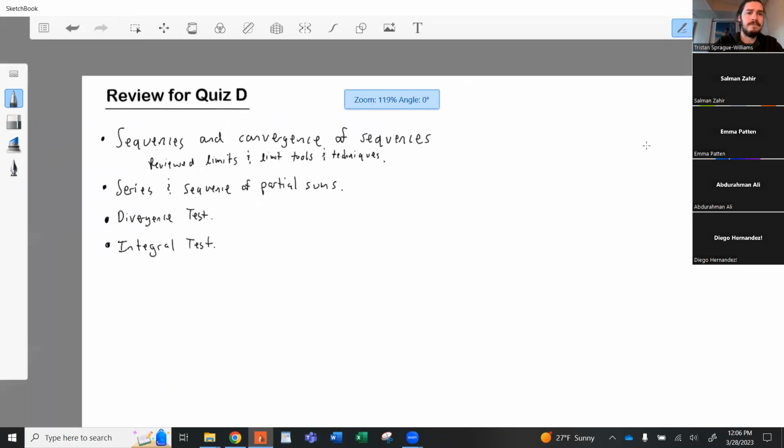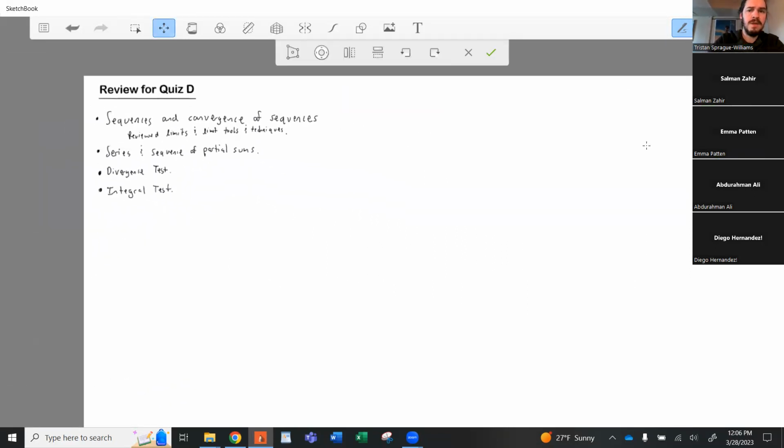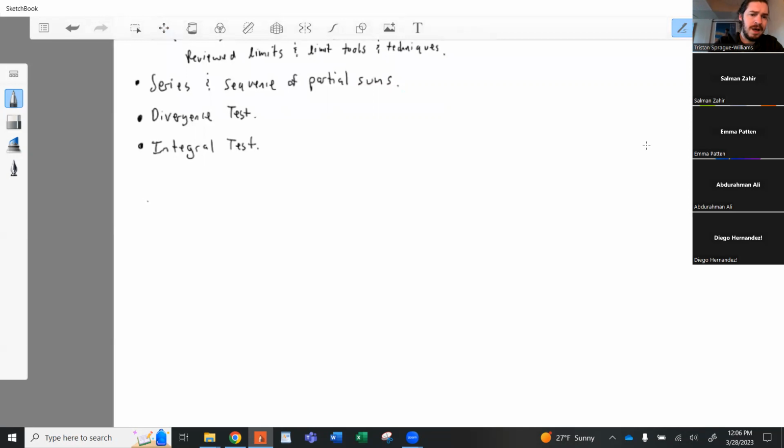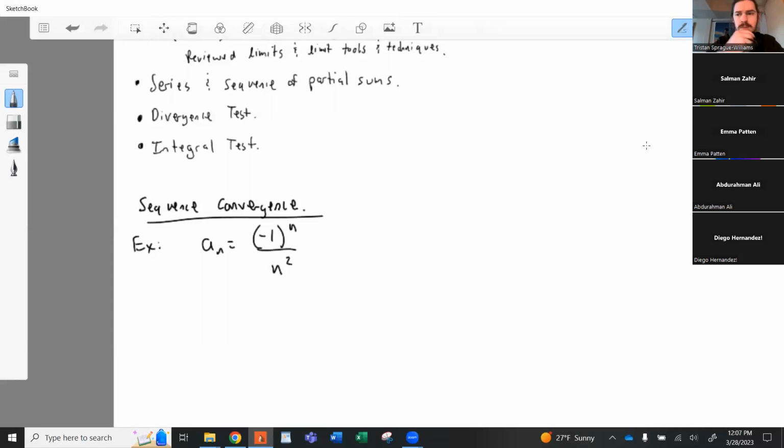Okay. These are the things that will be covered on the quiz. So let's start with sequence convergence. Here's an example from the exercise set. What about the sequence a_n equals (-1)^n over n squared, or something like that? That was very similar to one of the examples on the exercise set.